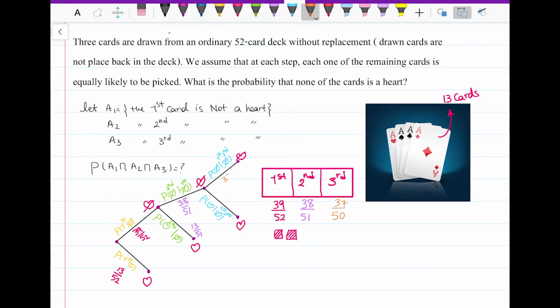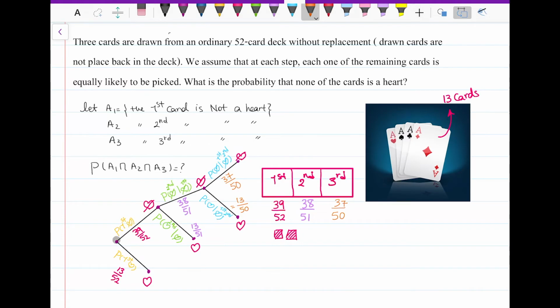So this is 37 over 50 cards. And if the first and the second card are not hearts, I am left with 50 cards and I want the last one to be a heart. It would be 13 again.